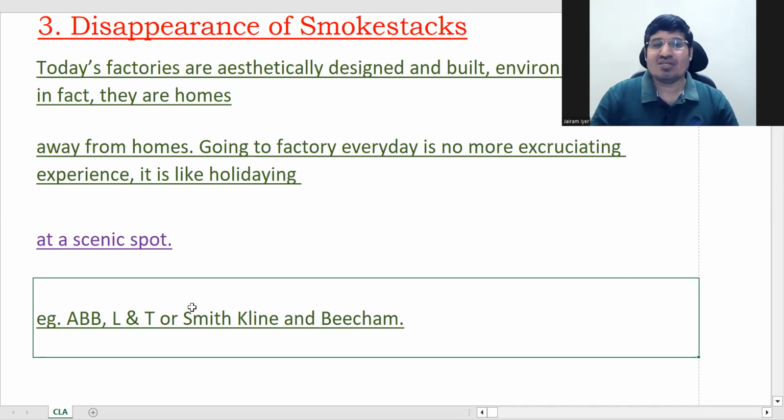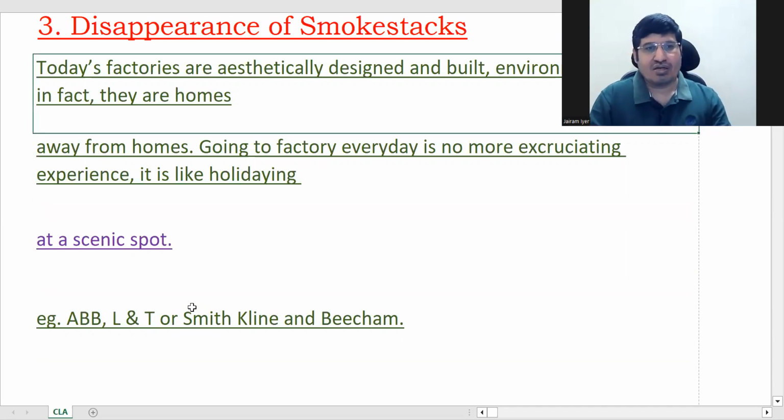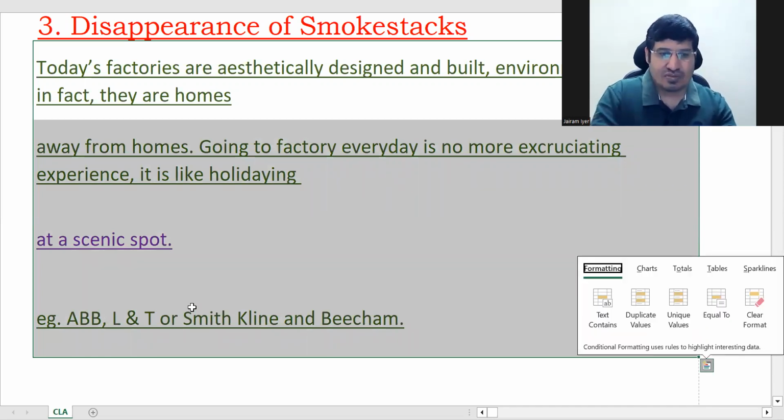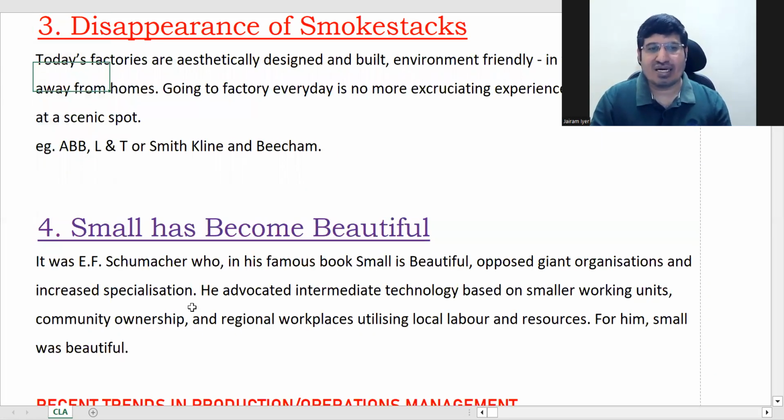That is why these companies do that. People, on seeing them, should feel that they should work for that company. So this is one of the modern characteristics.